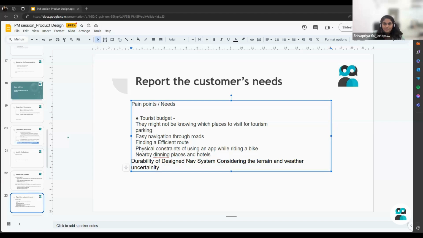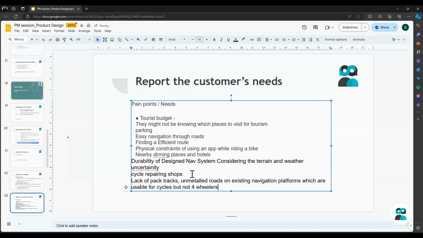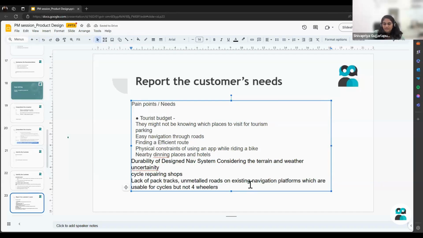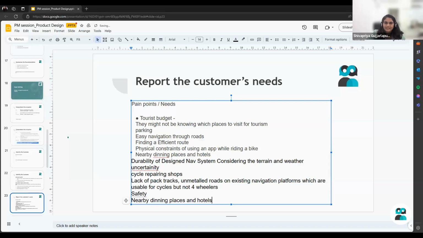Considering a tourist is traveling for the first time in that particular area, we can mark safe and unsafe zones so that tourists might only visit the safe areas. Absolutely. Safety. One more thing that I really liked, dining places. This is also quite interesting. I'm so glad that so many points being stated are very empathetic.